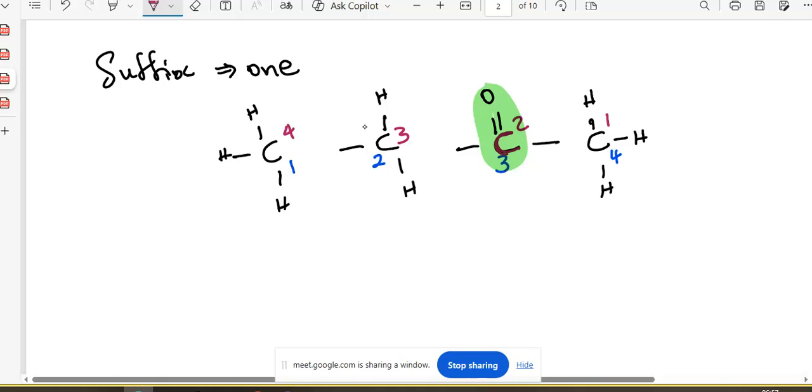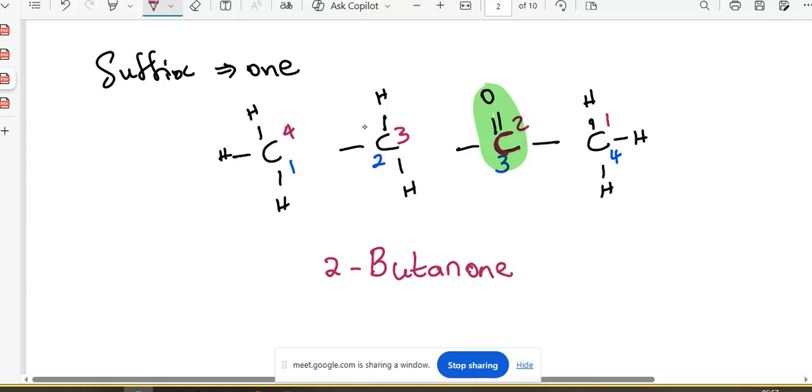We need to count how many carbons we have. We said 4. So the root name will be but-. Therefore, it is on carbon number 2, because 2 is the lowest. Then we add the suffix, the ending, which is -one.